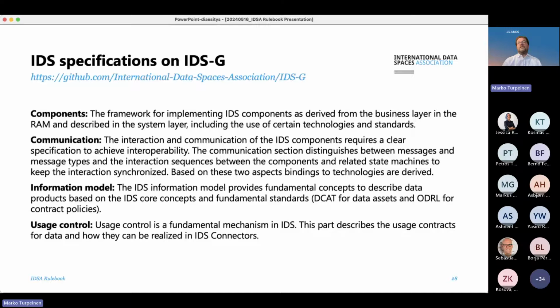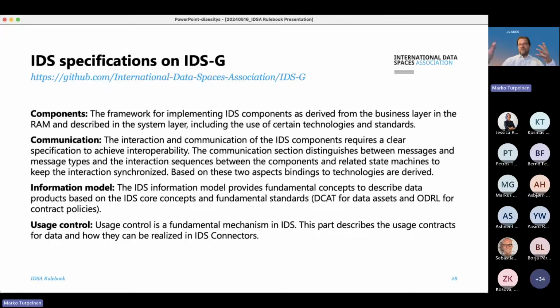Similarly, the IDSA work, and here there are some aspects which have been even more strongly defined, like I mentioned before, let's use some of these standards. Information model should be DCAT for catalogs and ODRL for policies. This is an IDSA take on what the standards should be, and it looks like that's quite broadly accepted.